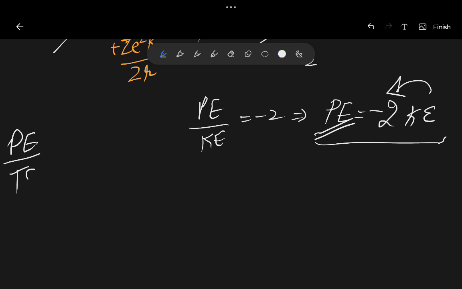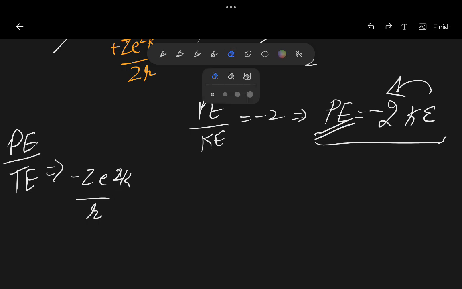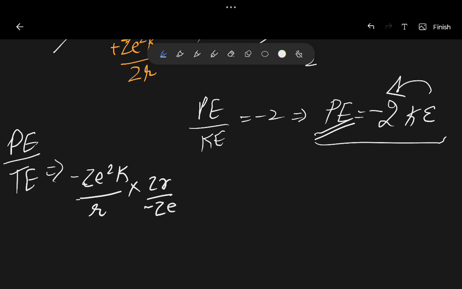And if you do the same with potential energy upon total energy, you will get Ze square K upon R over Ze square K upon 2R minus Ze square K upon 2R.